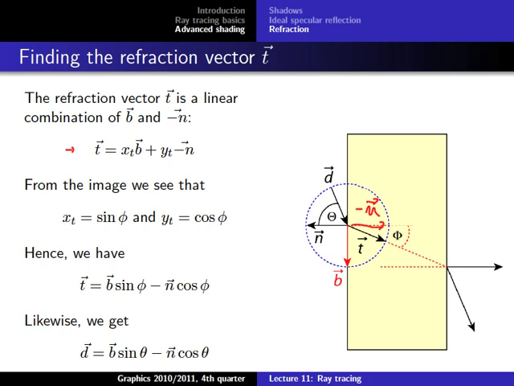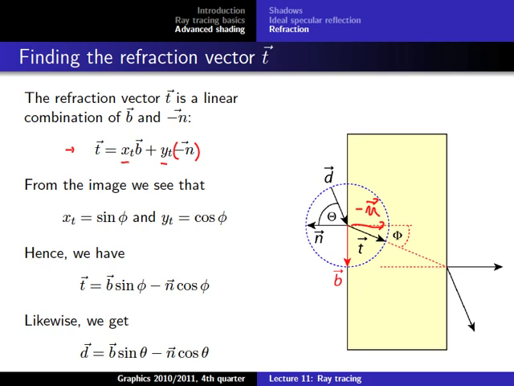And because we have them all normalized, we can also see that these xt and yt, that looks a little confusing. That should be minus n and not yt minus n. It's yt times minus vector n. Then we see that the xt and the yt are just the sine and the cosine of that angle phi, and then we can describe t as depending on b and these two trigonometric functions.